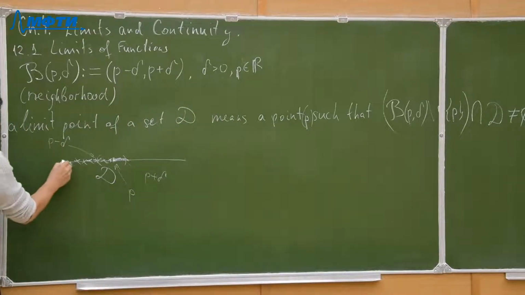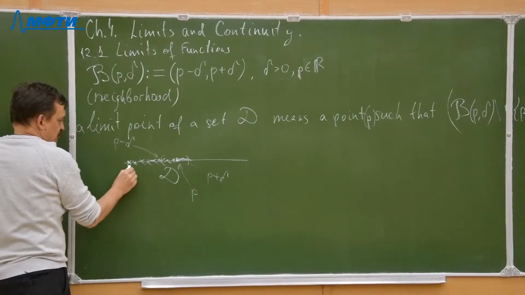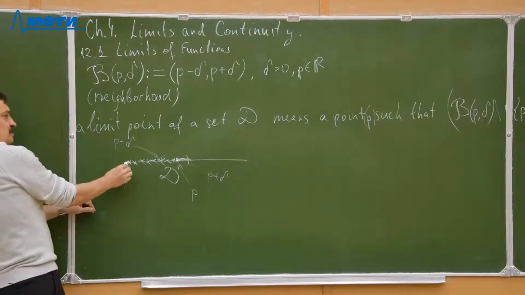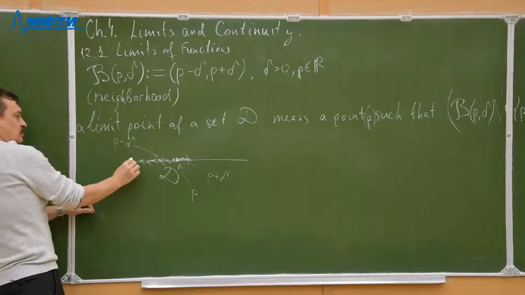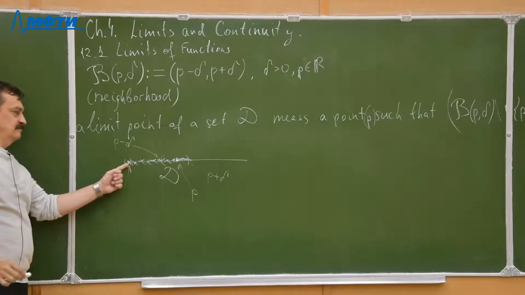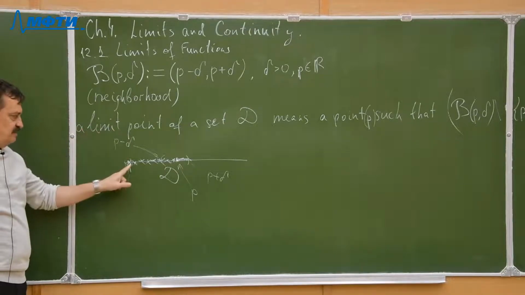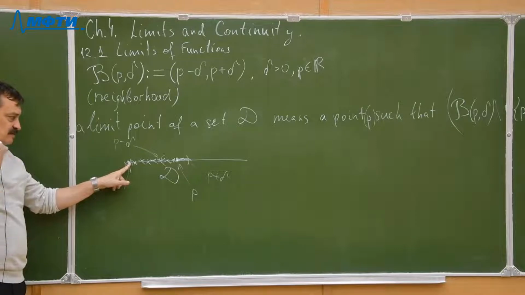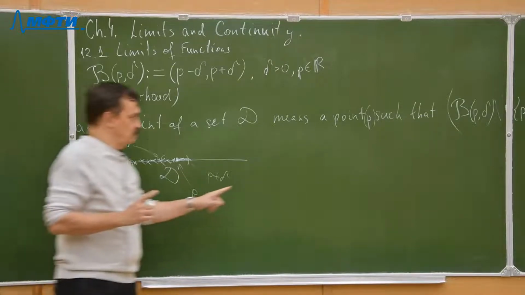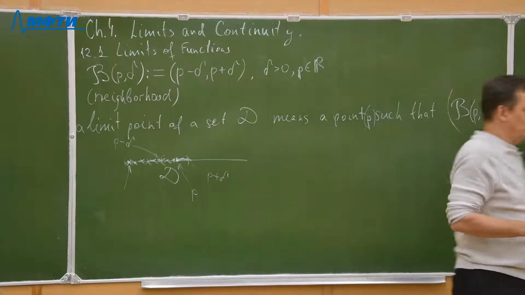Because, for example, look at that point. If I choose a very small interval like that, the intersection of that interval with our set D contains the unique point P. So that is why we exclude that point P.